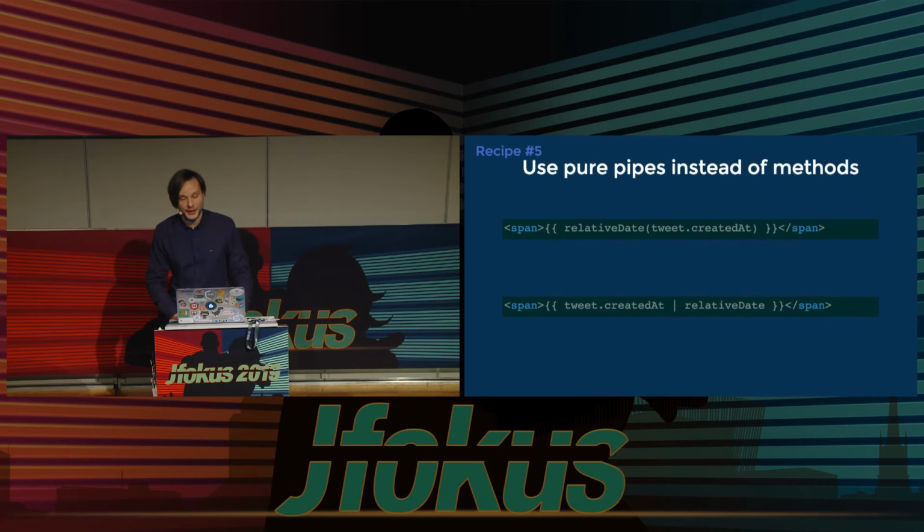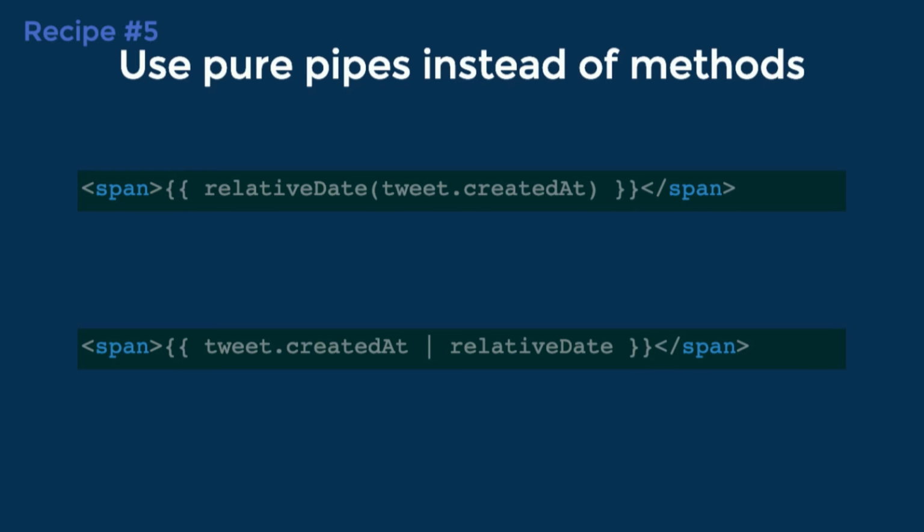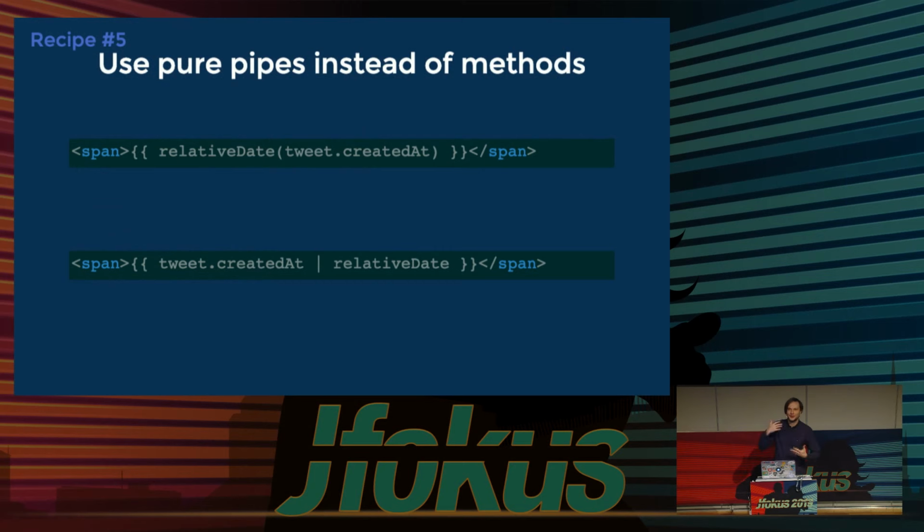And we start with advice about using pipes versus methods in our templates. On my next slides, we'll use as an example a Twitter client, super light, which is actually loading only one or two feeds of tweets and does nothing.